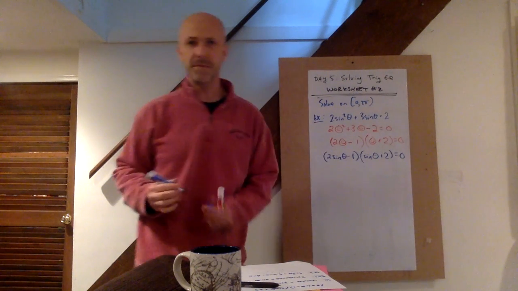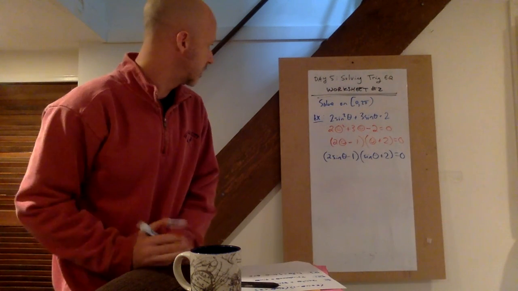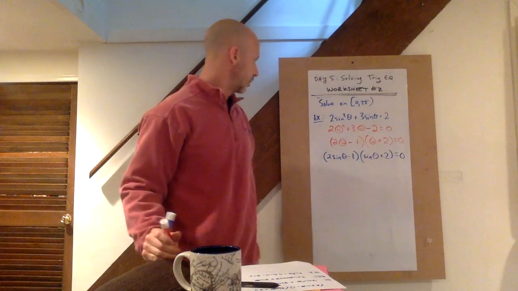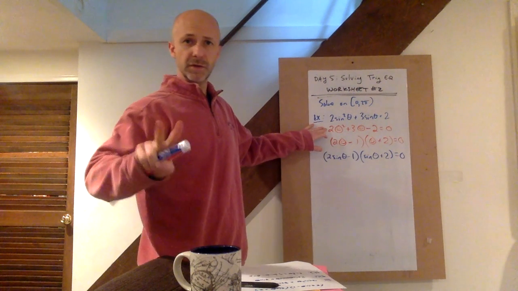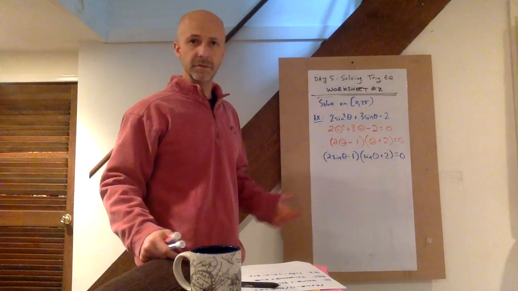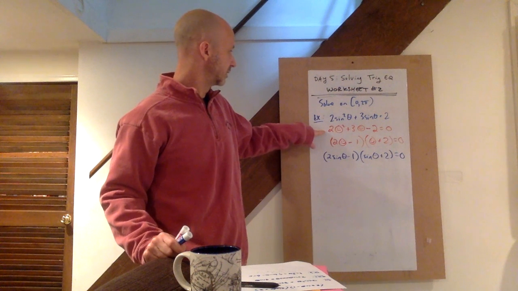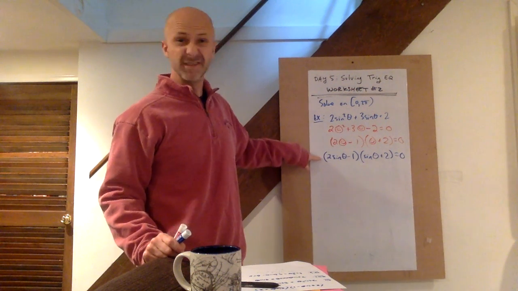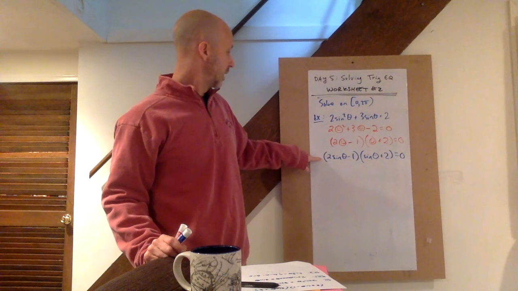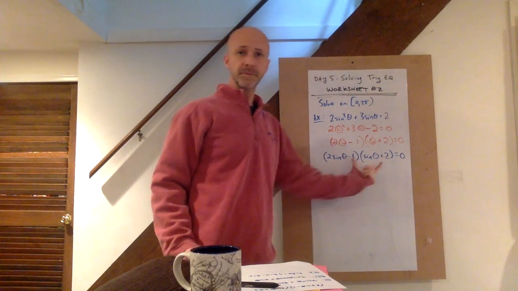Okay, the one thing to keep in mind, since these are trig equations instead of just regular old quadratic equations, with a quadratic you'd be expecting 2 solutions, not necessarily 2 real solutions, but it should have 2 solutions over complex numbers. With trig equations, that's not necessarily true. We do get 2 linear factors, right?